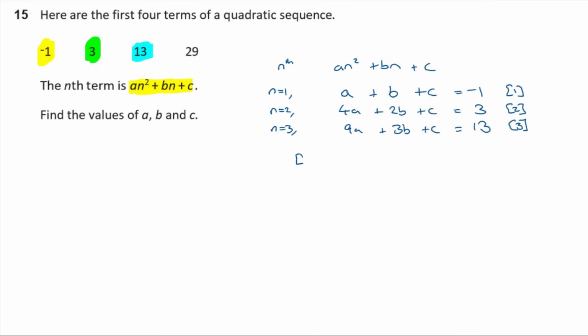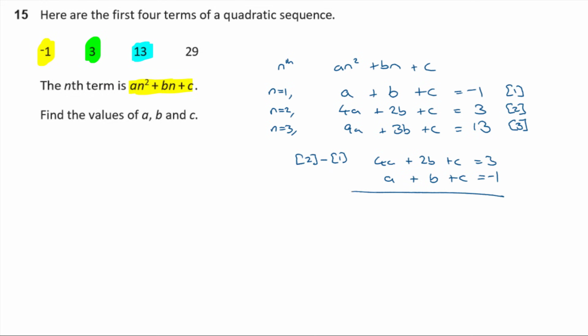Then equation 2 take away equation 1. So if I take everything in equation 1 away from equation 2, so equation 2 is, I'll just write out again. I probably wouldn't bother if I'm doing it myself, but just because I'm explaining it, I'm going to show it again. Otherwise I would just work it out. That's equation 2 and that's equation 1.